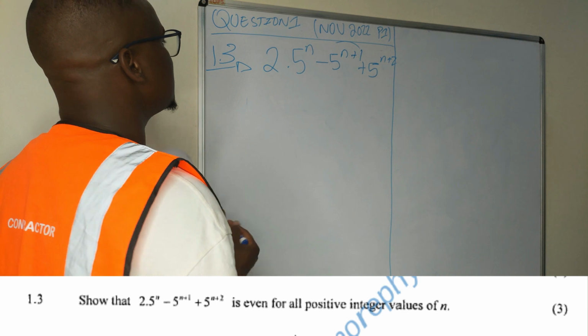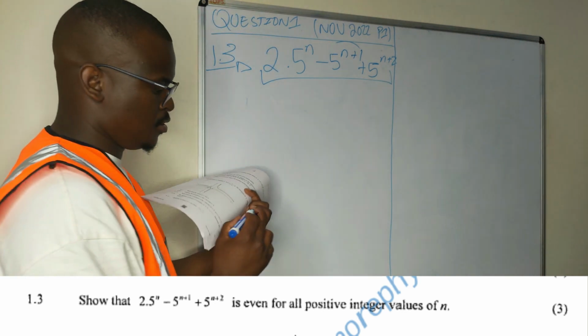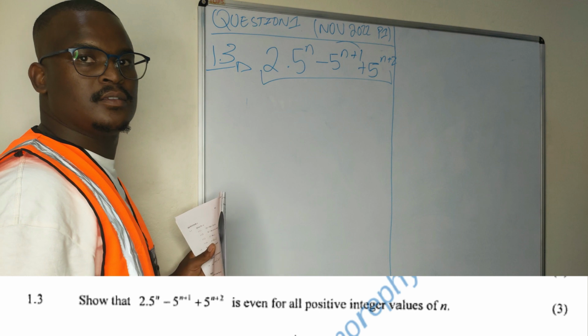They want us to show that this thing here is even for all positive integers of n.